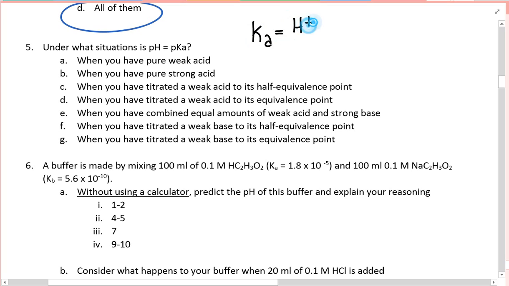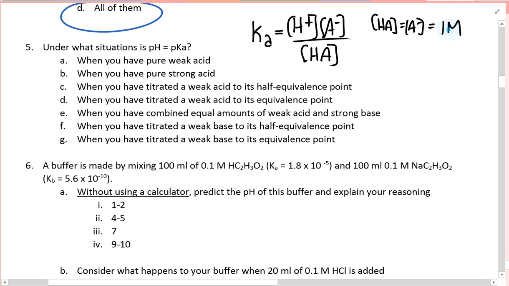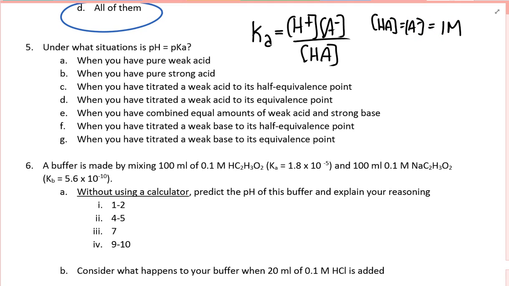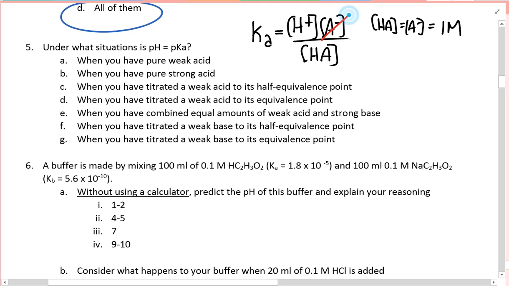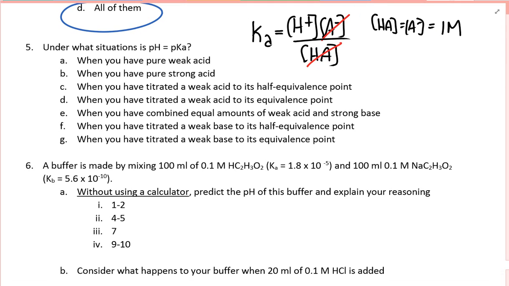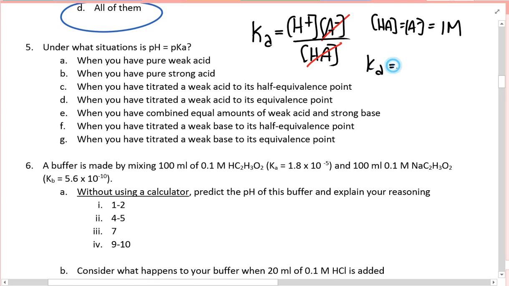So if you look at your Ka expression, it looks a little bit like this. It's products over reactants. And let's say you have a point in which your concentrations of HA and A minus are equal. Let's say they're both 1 molar. Then mathematically, you'd have one on the top, one on the bottom. They would cancel out, and you'd be left with Ka equals H plus.